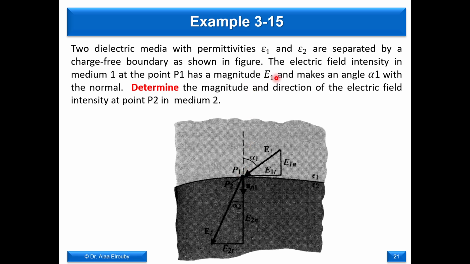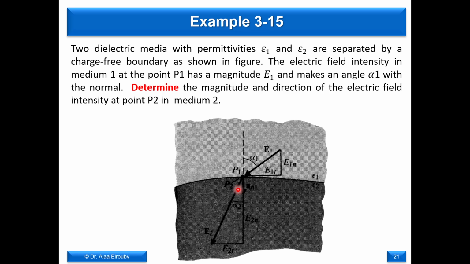The magnitude is E1, the angle is alpha 1 with respect to the normal. We would like to find the magnitude E2 and the angle alpha 2 with respect to the normal at point 2, which is directly below point 1. Point 1 is in medium 1, point 2 is in medium 2. They are across the side from the boundary.